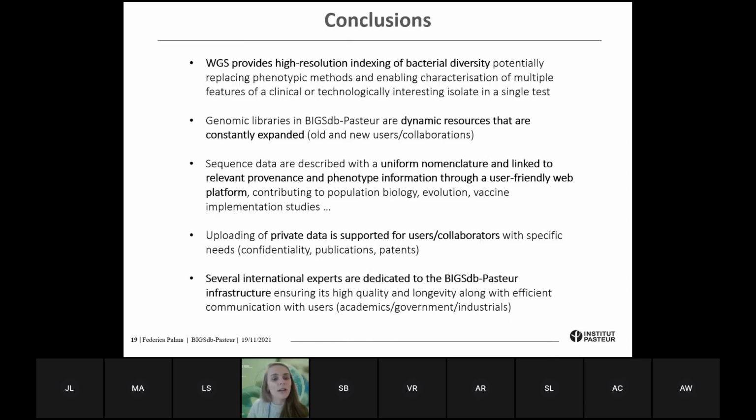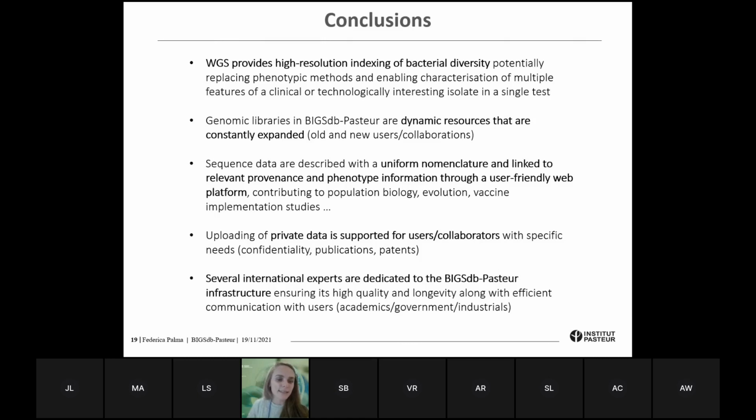One important point for us is that to meet the specific need of each user, we also made available these private spaces to support more confidentiality, pre-publications and also the development of patents.